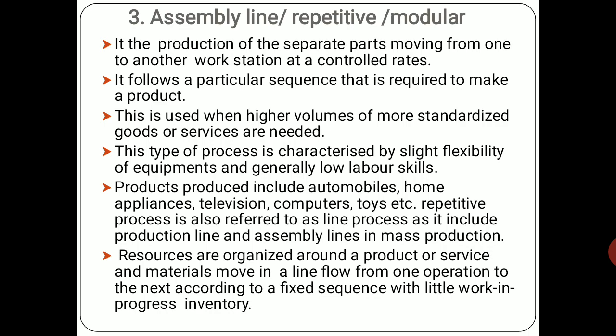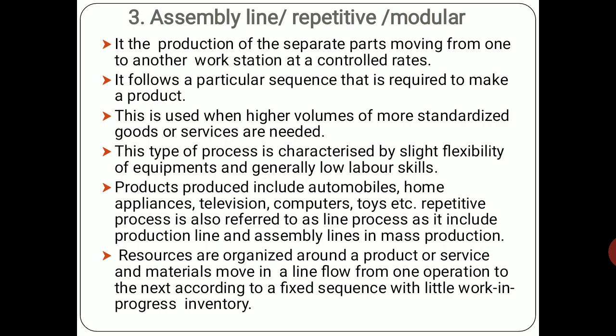Those factors are considered first, and then the process selection is made. When we talk about process selection, it can be of a number of types. That means 5 major types are there, and out of them the best can be selected.